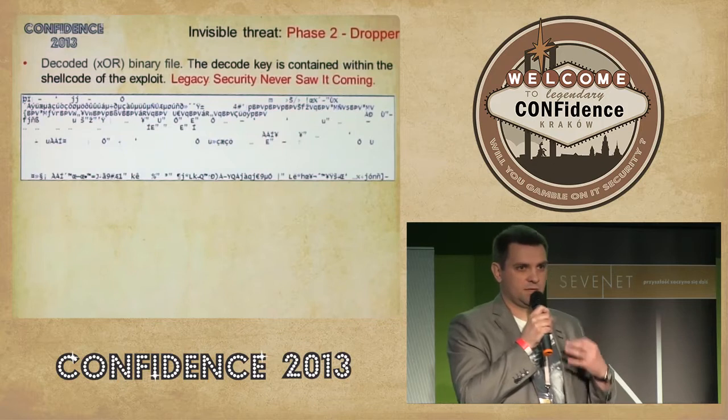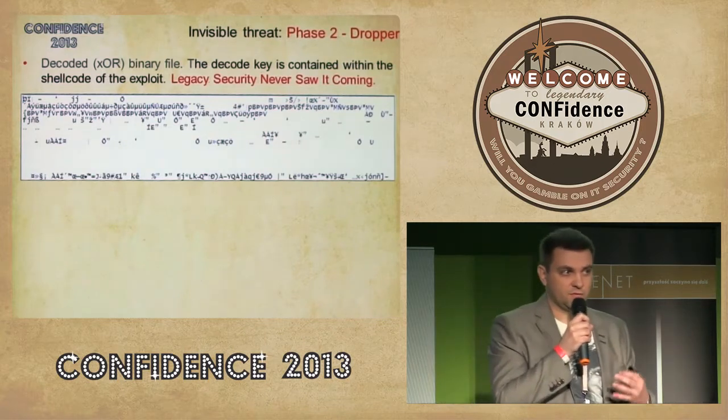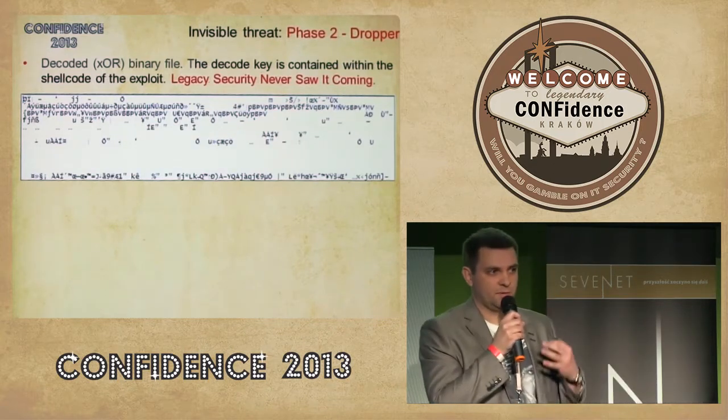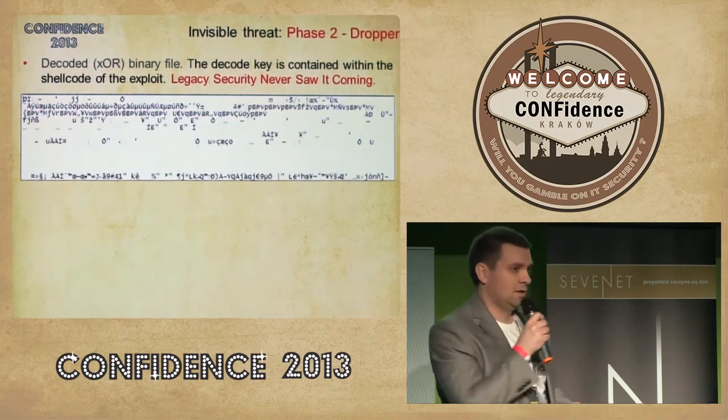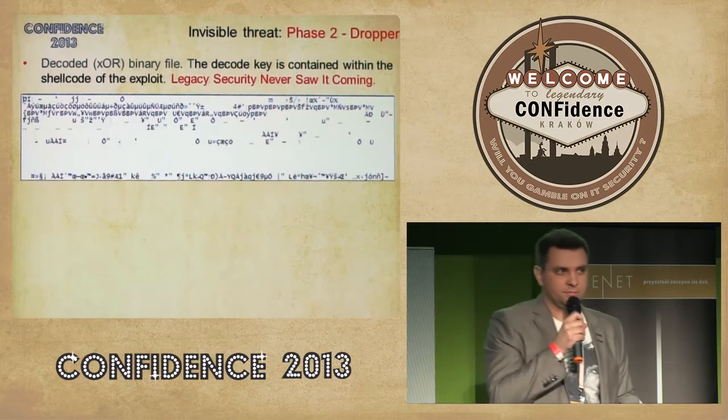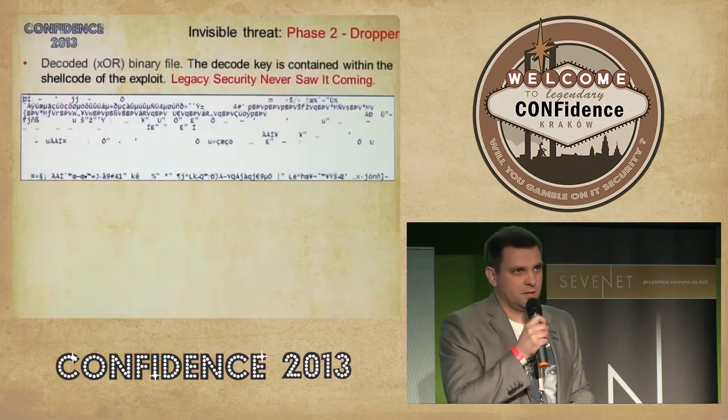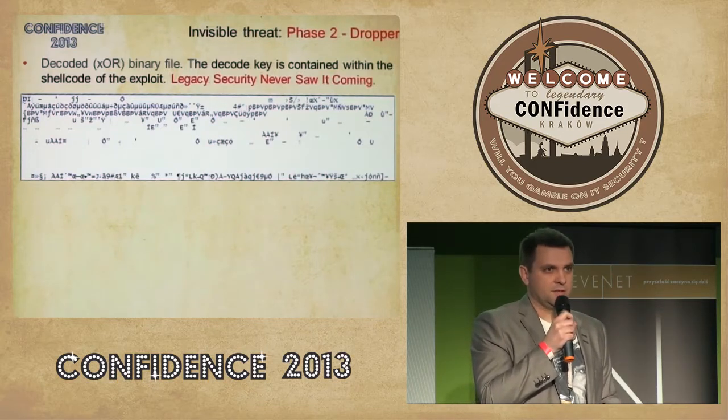After exploitation, as I mentioned before, there is a second, very dangerous and very important phase, which is the dropper phase. And we can imagine how many techniques can be used during this phase.